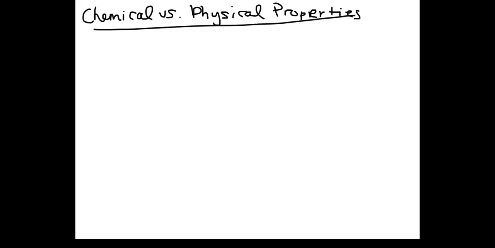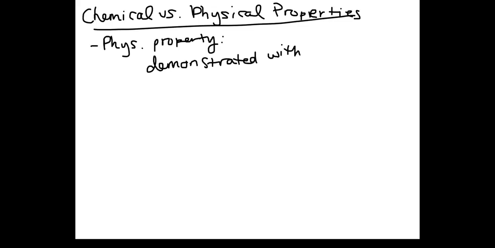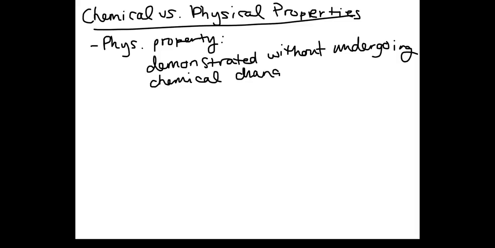And the reason for that is a physical property can be demonstrated without undergoing a chemical change. Now, what do I mean by that? When you look at this folder, it's purple, but there's not a chemical change occurring to tell you that.